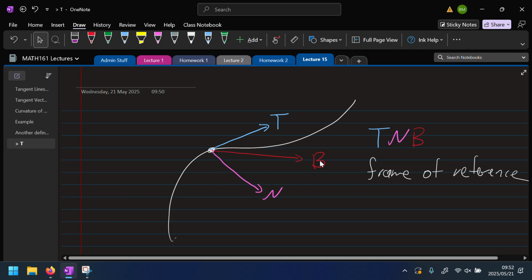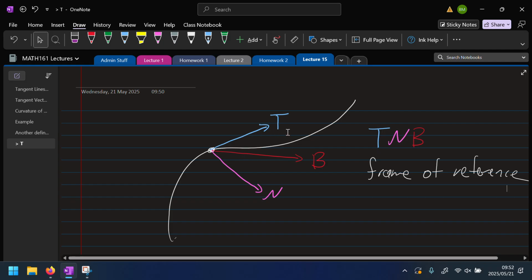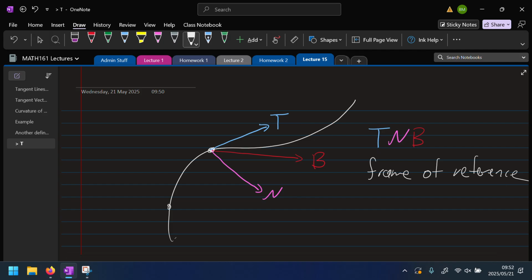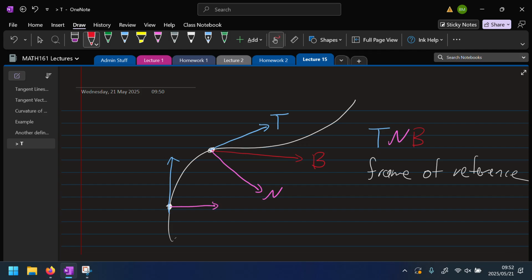And then finally B, that will be orthogonal to those other 2. As the particle moves around, this frame of reference will change as you go around. So at some other points, let's say over here, we're going to have T, N maybe over here, and B orthogonal there. It kind of moves around and the frame changes.